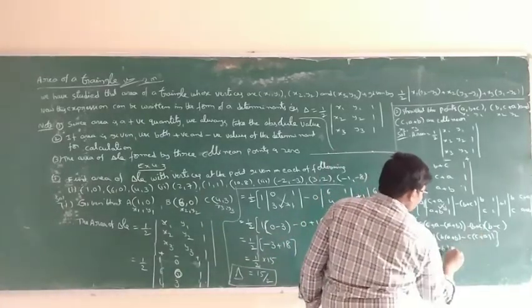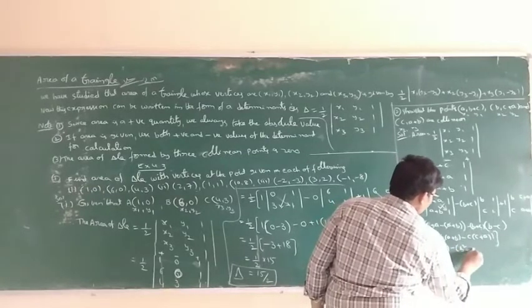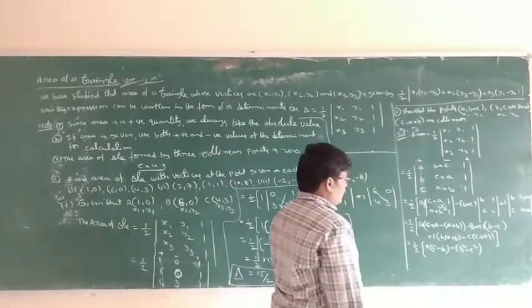Next B plus C into B minus C, B square minus C square.